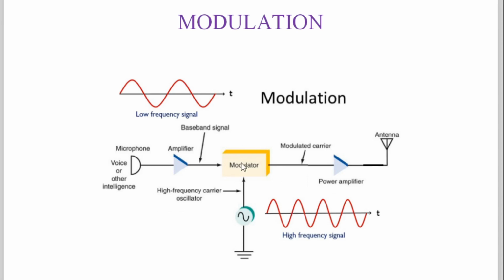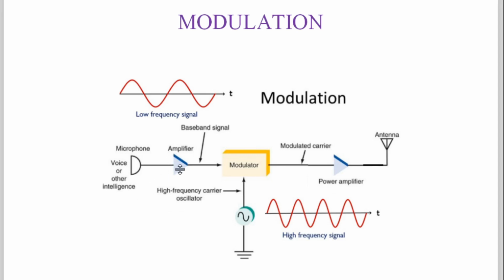So here, suppose this is your main block. From here what will come? Your low frequency signal, that is the information signal, will come. What is the information signal? Your voice. Your voice is caught by the microphone, and the microphone converts the voice signal into an electrical signal.